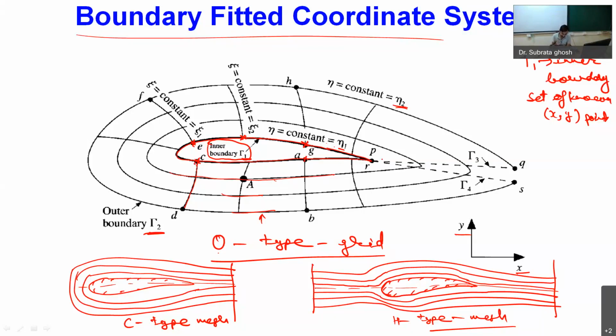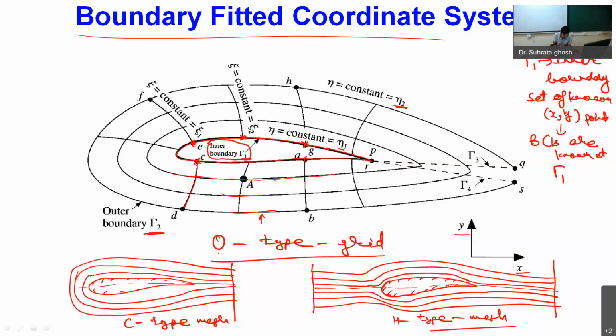So I can simply say that boundary conditions are known at gamma 1.